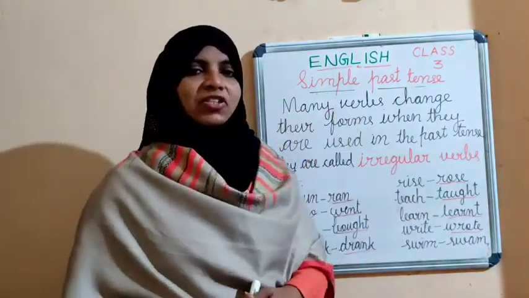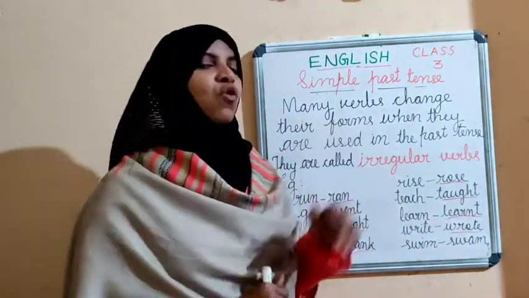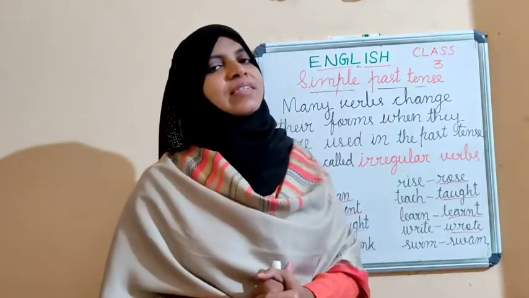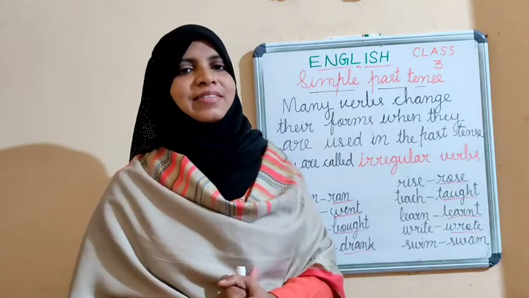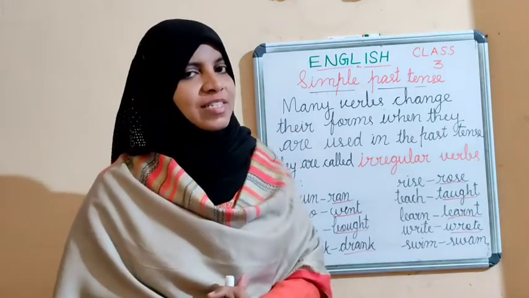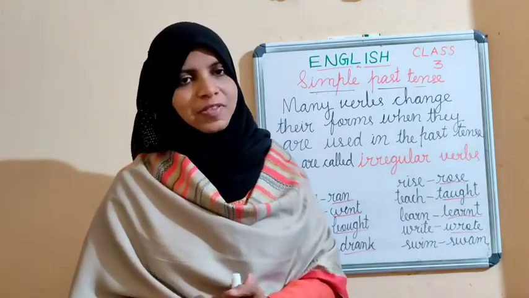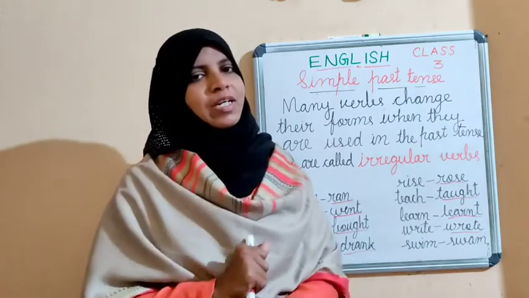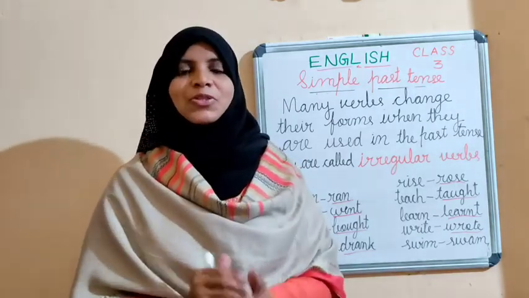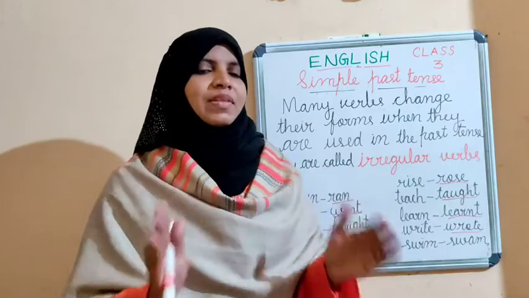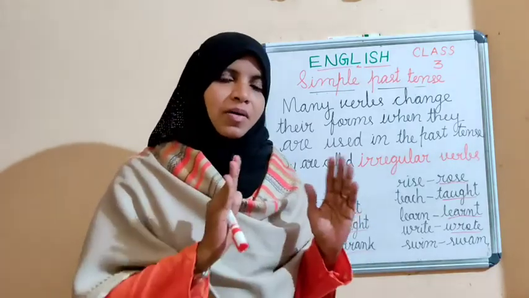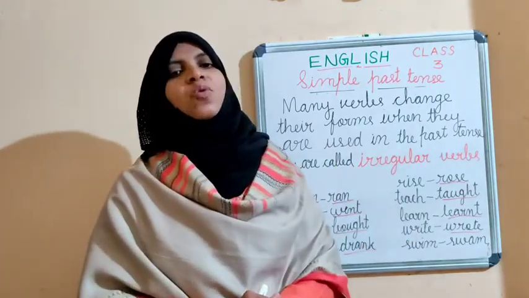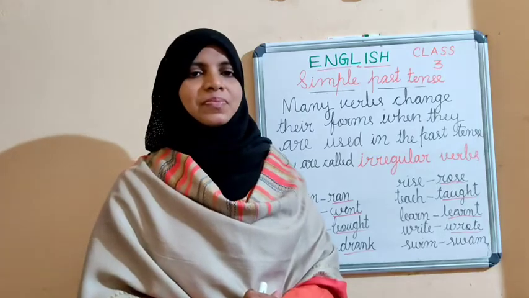Many verbs change their forms when they are used in the past tense. They are called irregular verbs. Regular verbs, irregular verbs. So you should remember all the past tense and present tense of the verbs.